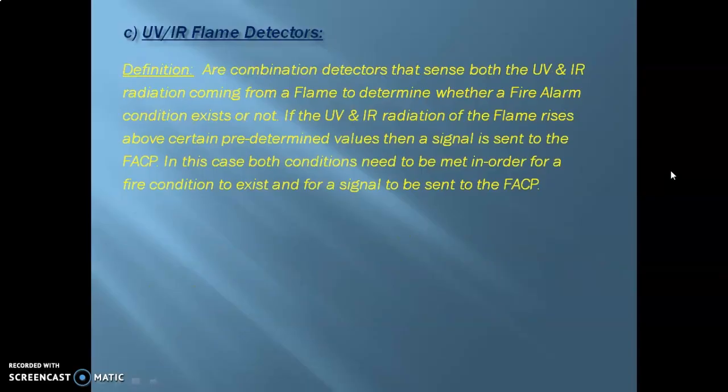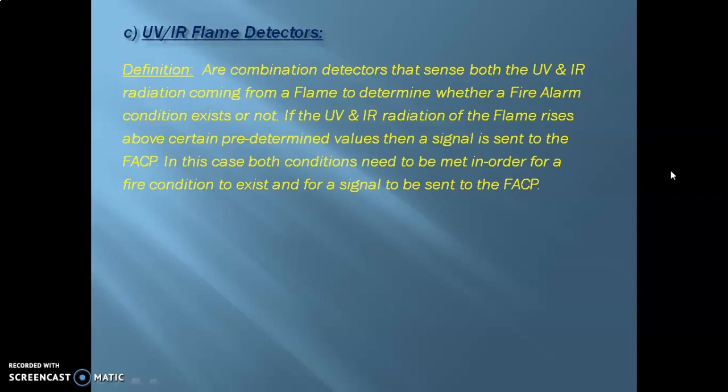All right, so the last type of flame detector that we will be talking about is the combination UV plus IR type of flame detector. As the name suggests, it uses a combination of both the UV plus the IR criteria to determine the existence of a fire alarm condition, and only once the fire alarm condition has been confirmed does it send the signal to the FACP.